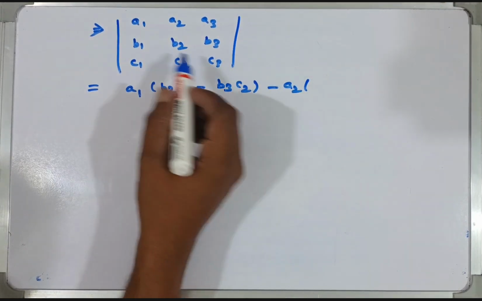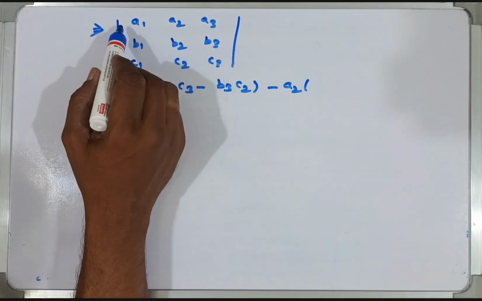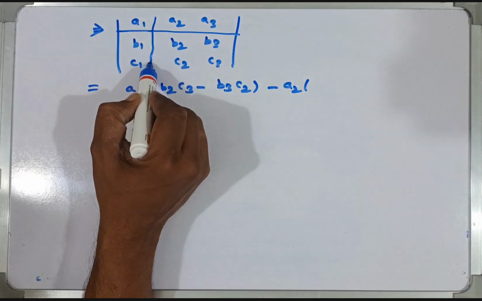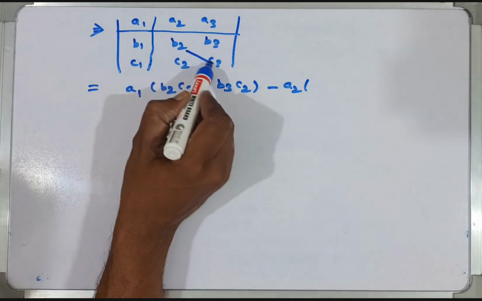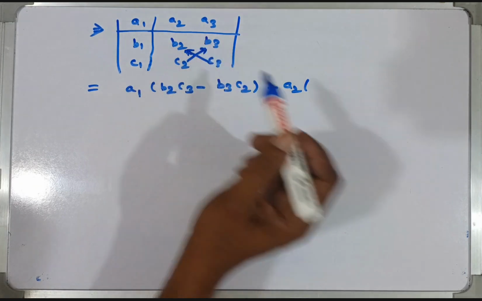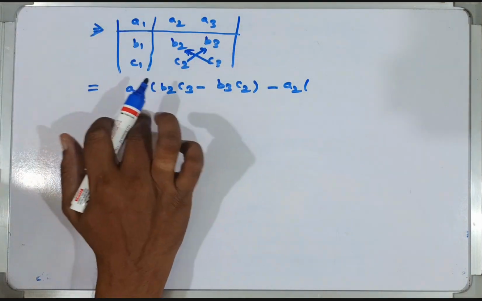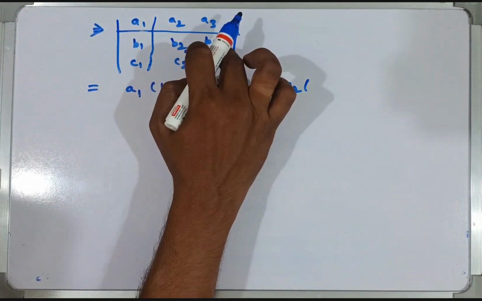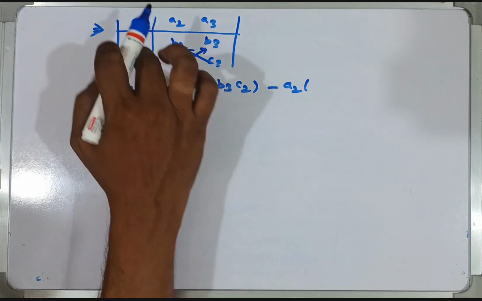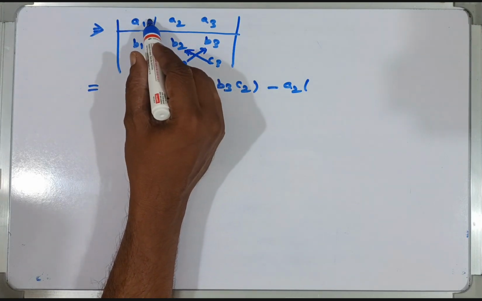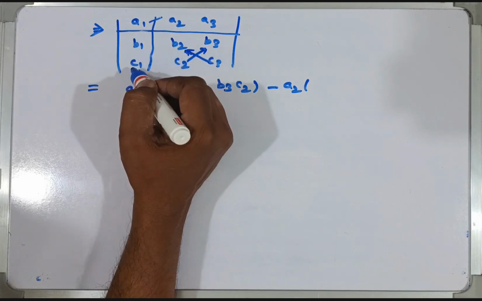Then here guys, what I am doing, when I consider this one a1, we only concentrate on here and here. Okay, see, for a1 we write a1, then b2 into c3 minus b3 into c2. So we left out the corresponding row and corresponding column.